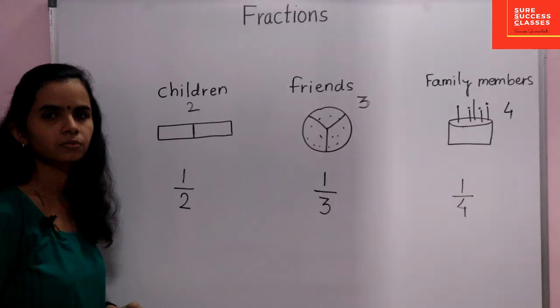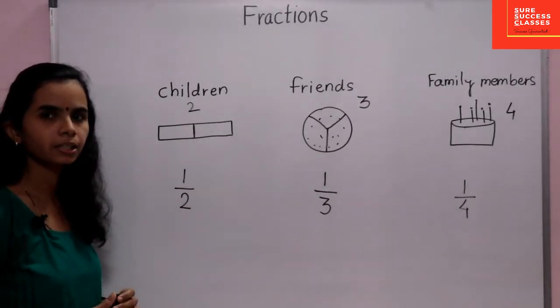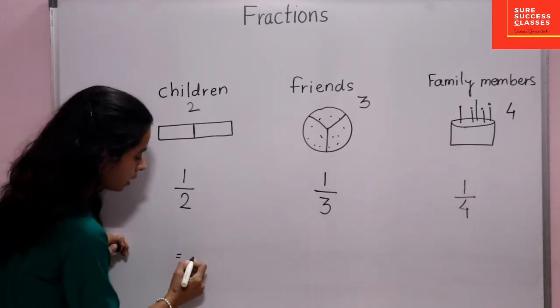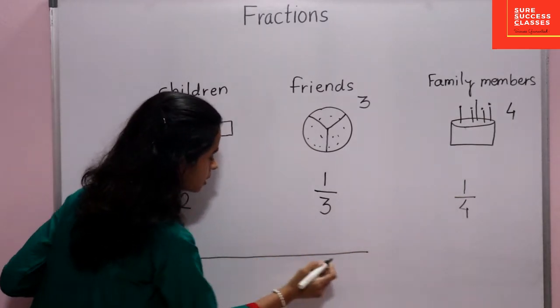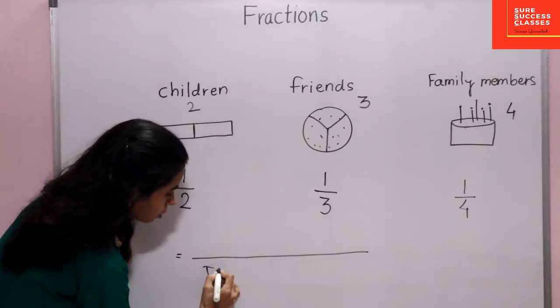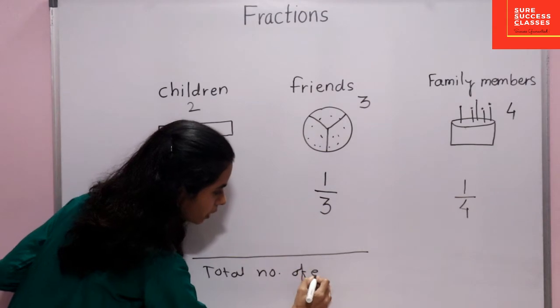See here. Students, when we write fractions, we write the total number of equal parts below this line. This line is called the fractional bar.